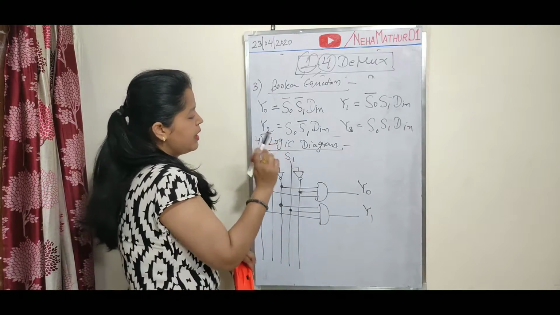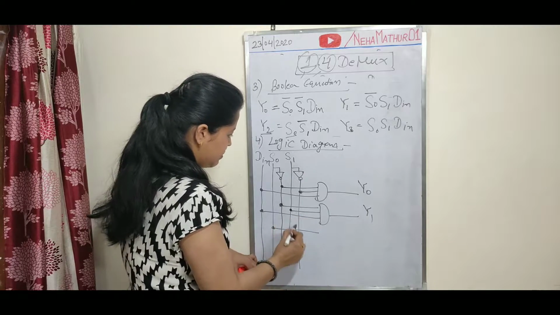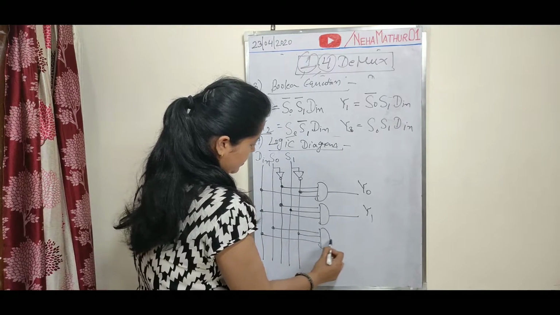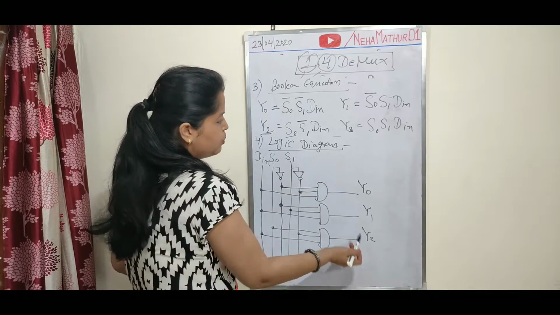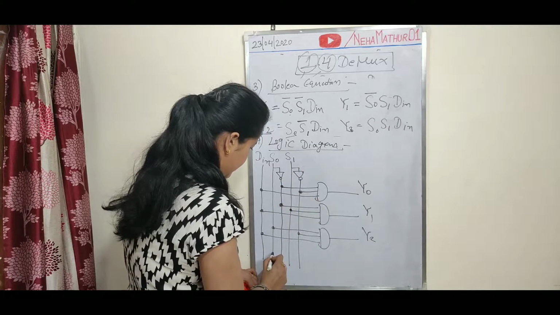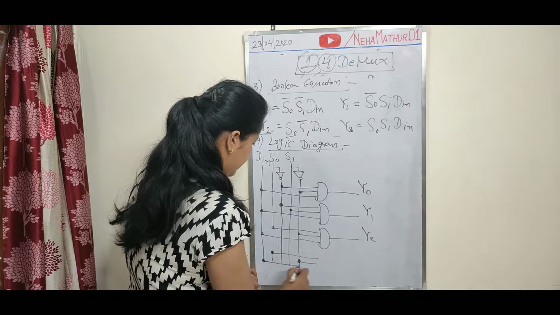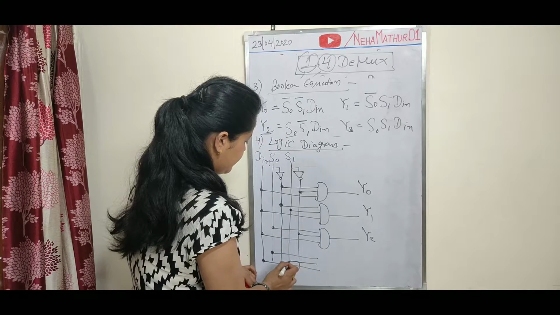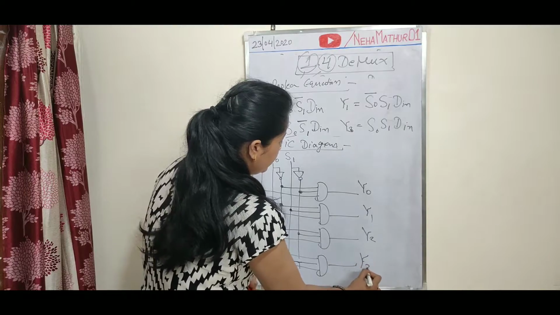What about Y2? Y2 is equal to S0 S1 bar and Din. Again AND gate because of the multiplication of 3 variables, and the output will be Y2, and Y3 is equal to S0 S1 multiplied by Din, and it will be Y3.